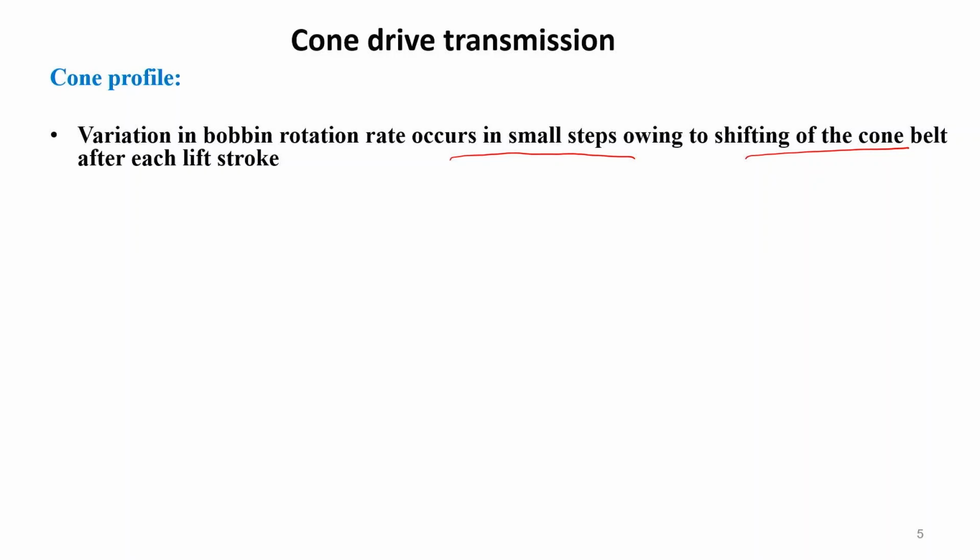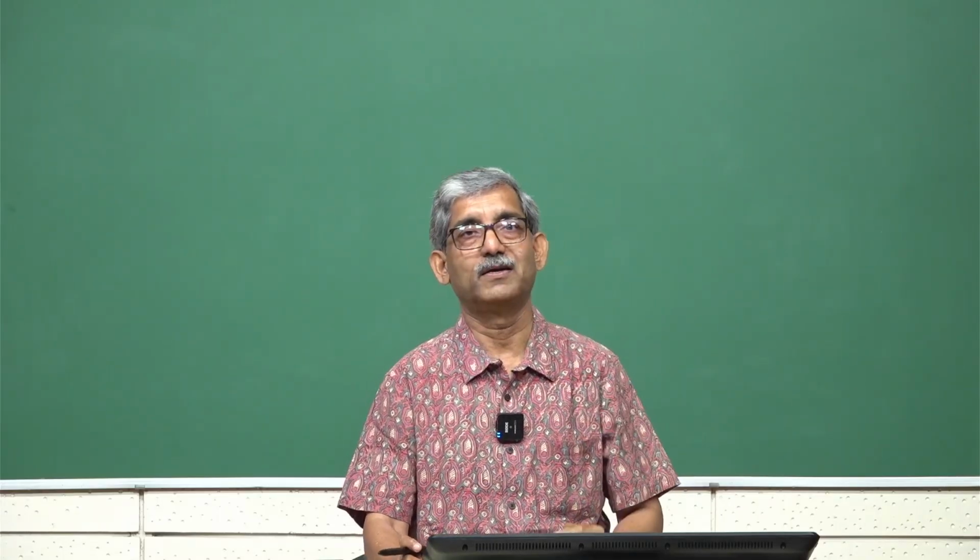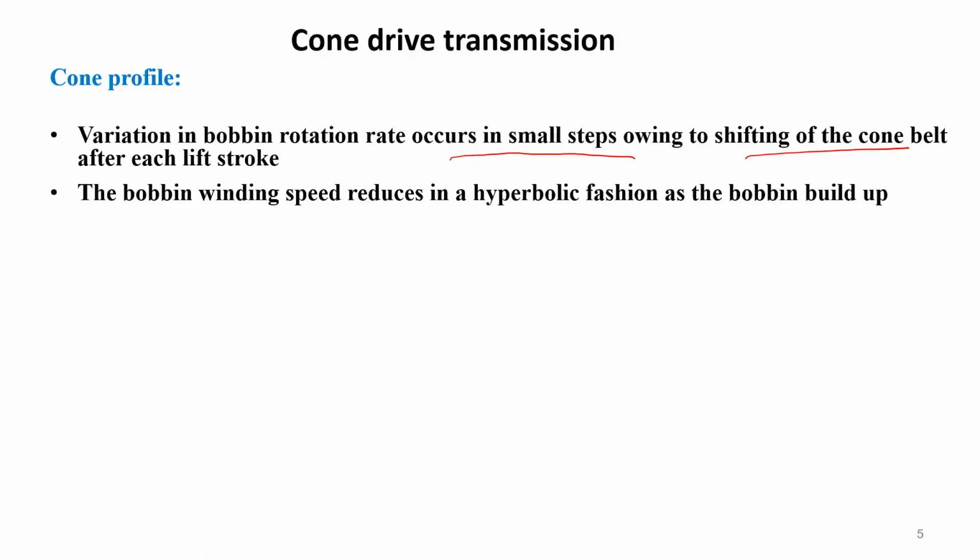That means after each lift there will be an increase in diameter, and as the diameter increases, the bobbin speed has to be changed, and that is changed by shifting of the cone belt. The bobbin winding speed reduces in a hyperbolic fashion as the bobbin builds up, because we are talking about the bobbin leading mechanism, but in flyer leading mechanism the bobbin speed has to be increased.